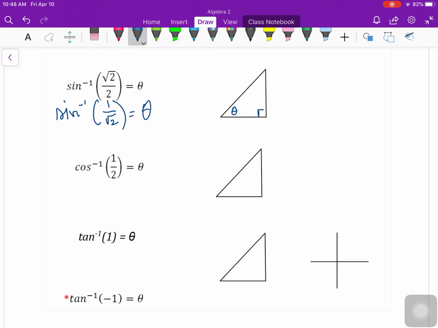Sine is opposite, so opposite of theta is 1 over hypotenuse. So that means my hypotenuse is square root of 2. Anytime I have 1 and square root 2, I know it comes from a 45, 45, 90. Right here, we can see my theta is 45.